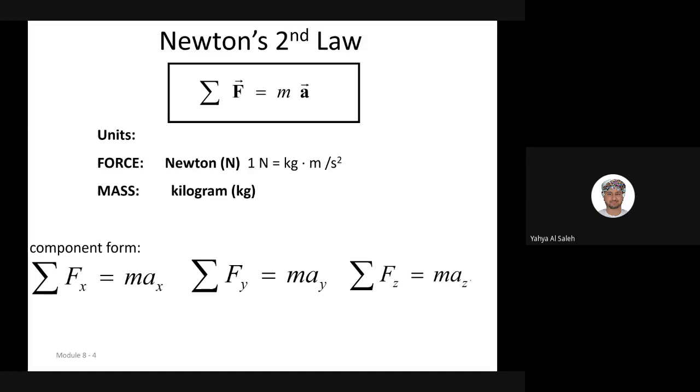This is fine. But let's go back to our initial question. What is it that mass is? The best way we can define it, at this point at least in our studies, is that mass equals force divided by acceleration.